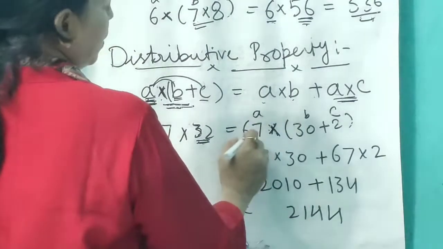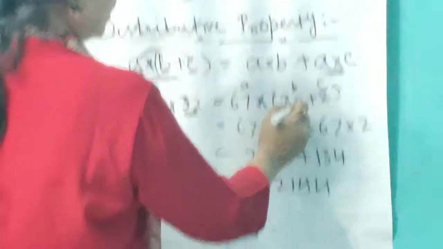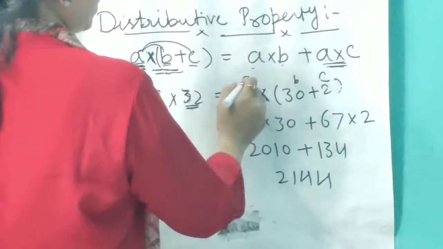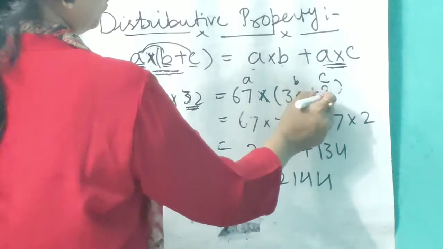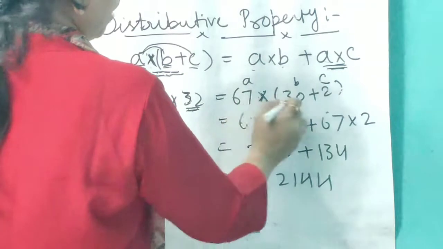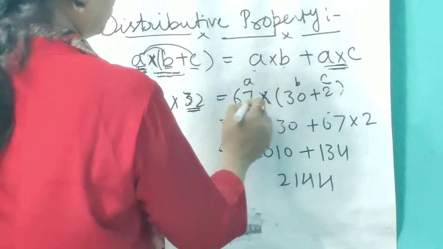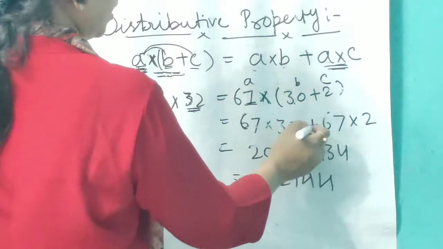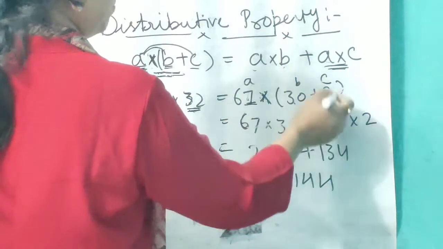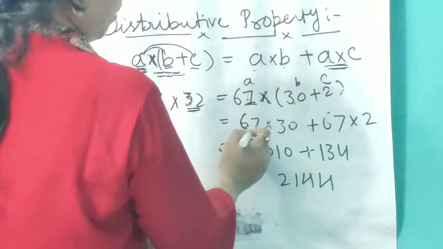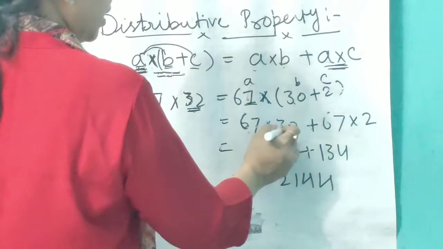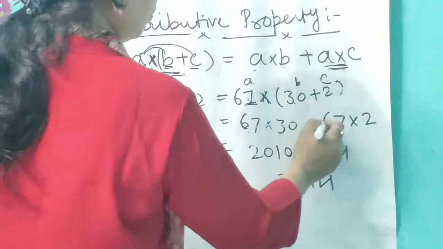So now it is 67 into (30 plus 2). 67 is A, 30 is B and 2 is C. According to the distributive property, 67 is multiplied with 30 first and then plus 67 will be multiplied with 2 also. So it will become 67 into 30 plus 67 into 2.